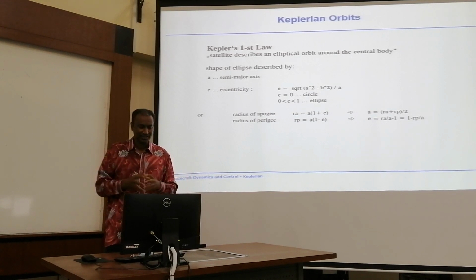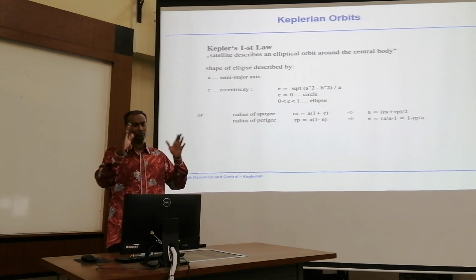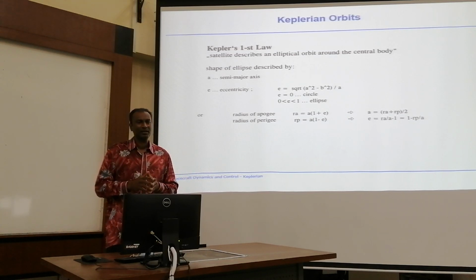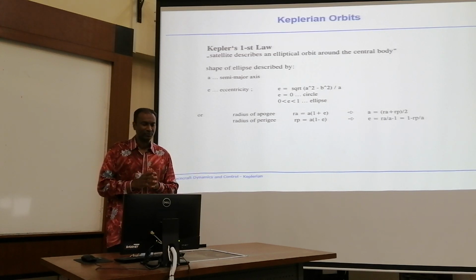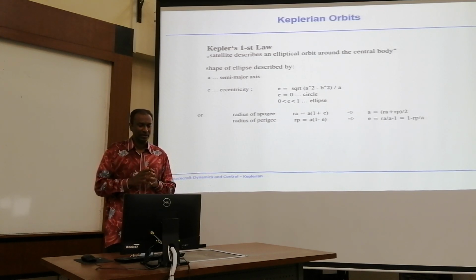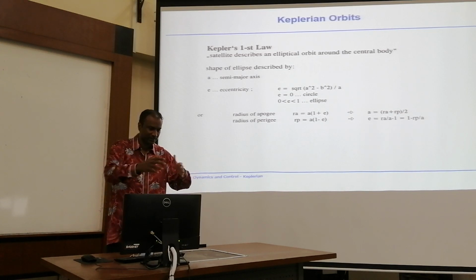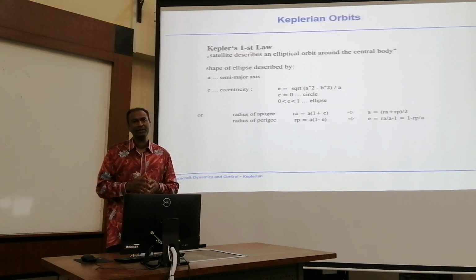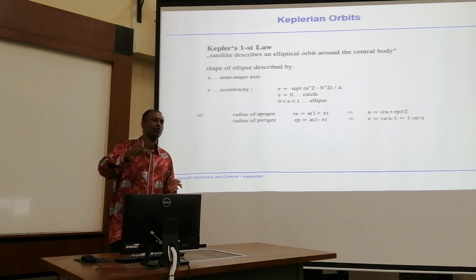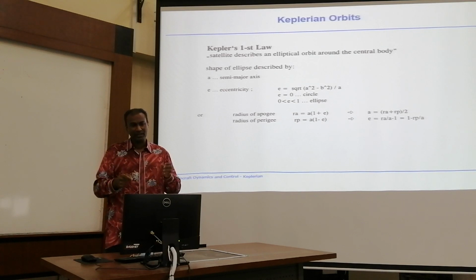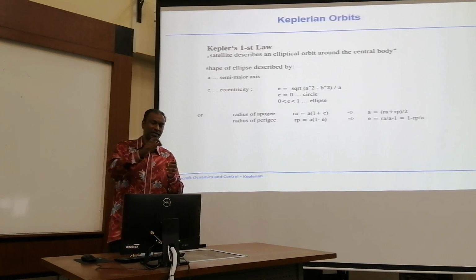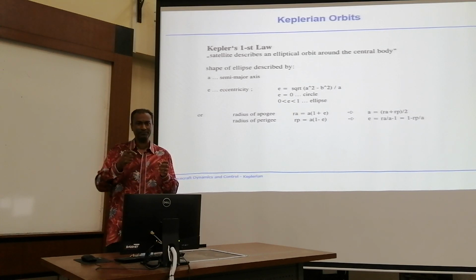From the first law, you should be able to describe the ellipse, and with that ellipse you can define the shape of that particular orbit. So we should be able to draw a particular orbit and understand how this rigid body is going to circle around or orientate in a particular manner.